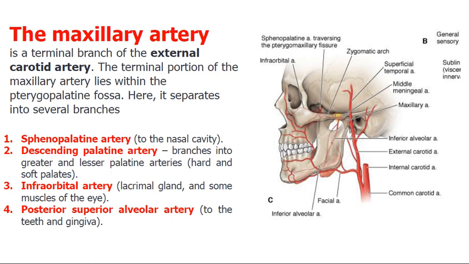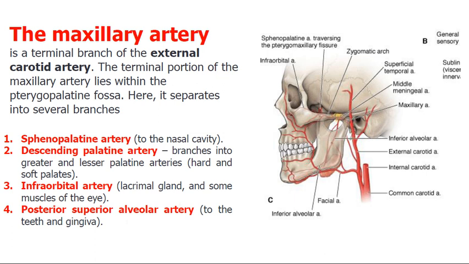And we have also the infraorbital artery that supplies the parts in the area of the orbital cavity, like the lacrimal gland and some muscles of the eye, extraocular muscles.